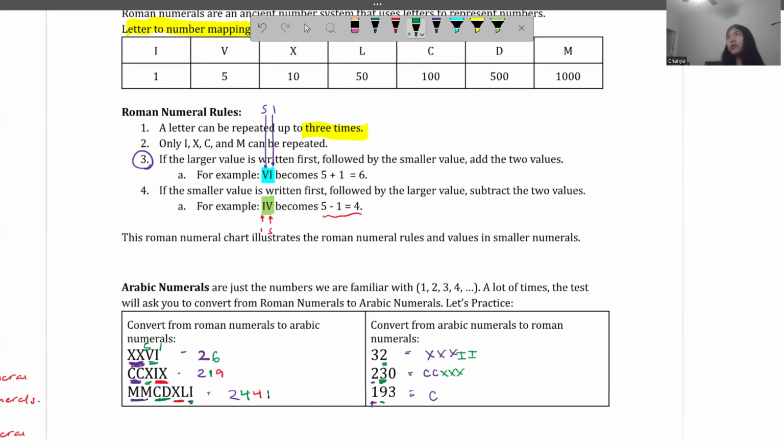What is 90? 90 is 100 minus 10, 10 less than 100. So how do you write 100 minus 10? You just write your value for 10, which is X, right before the value of 100, which is C. Remember, if the smaller value is written first, you subtract the two values. 100 minus 10 is 90.